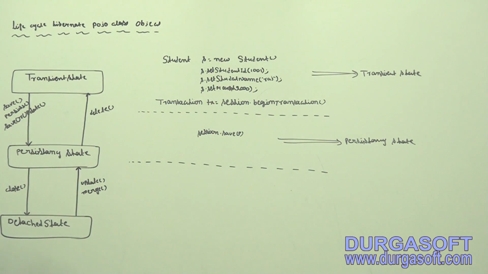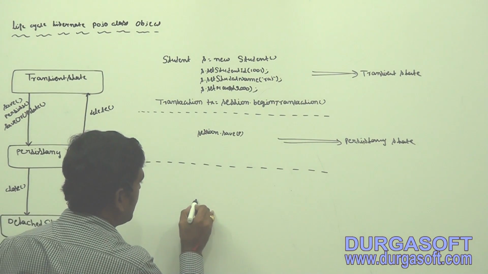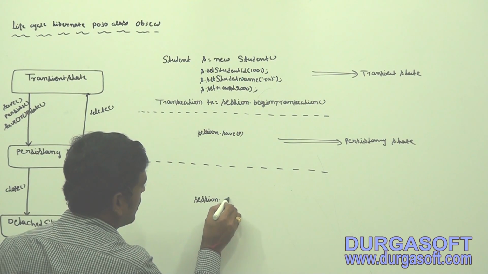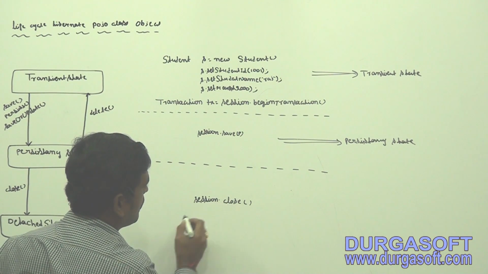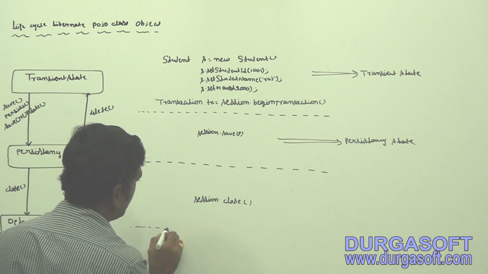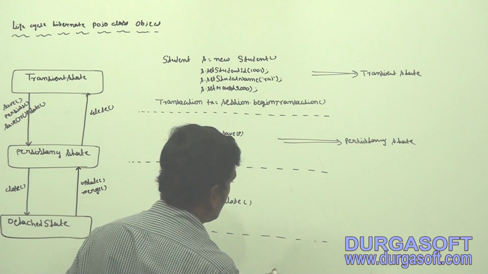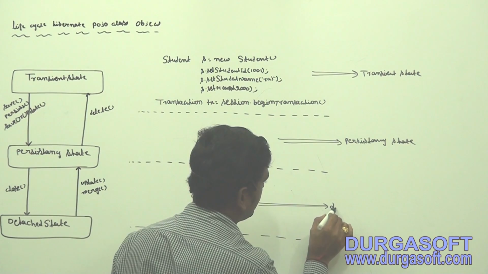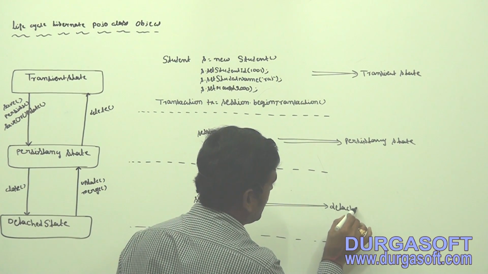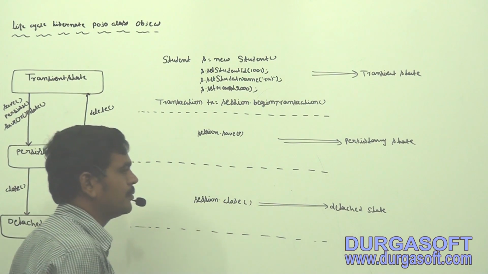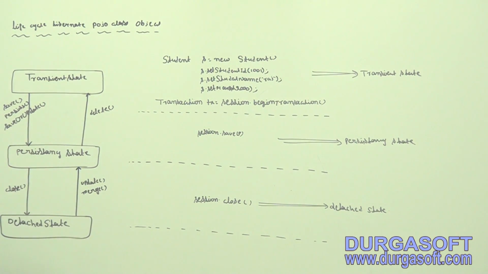The next, when our object becomes persistency state to detached state, session dot close. This is the detached state.